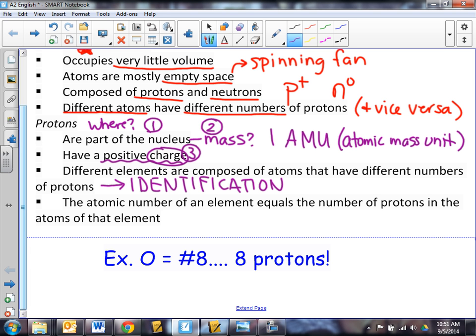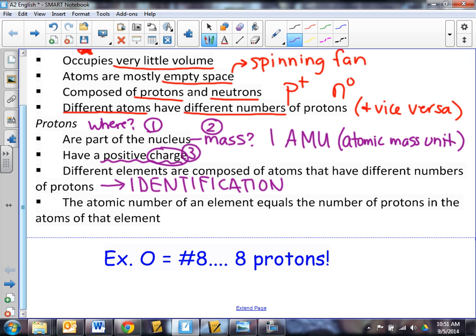If I ask you, what element is this, the only number that interests you is how many protons it has. So later on, once we talk about neutrons and electrons as well, you'll wind up with questions where there's lots of numbers given. But if I ask you what element something is, the only number that means anything is how many protons there are. So that is how you identify an atom.